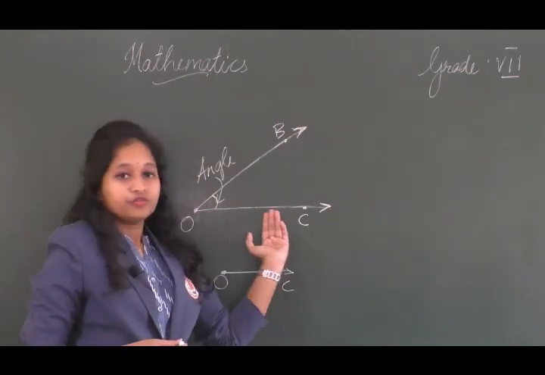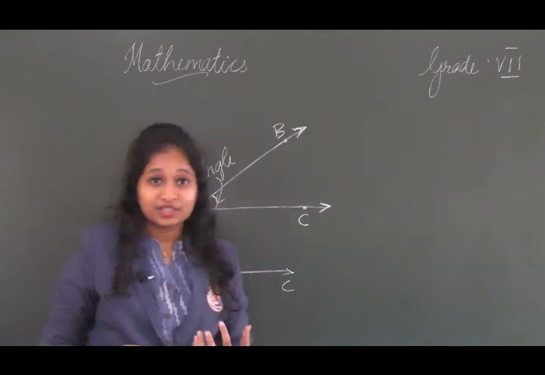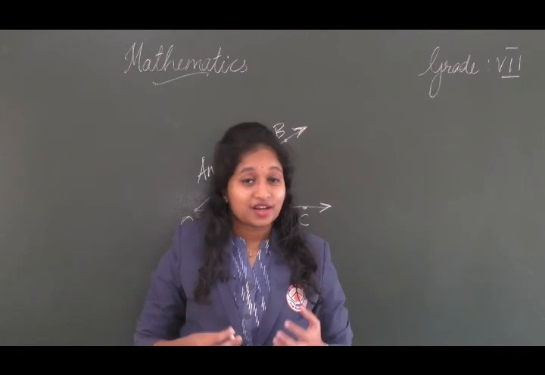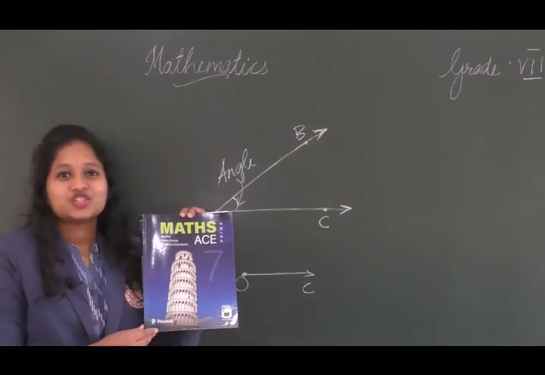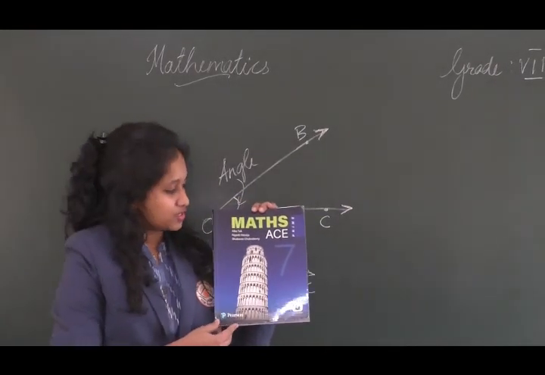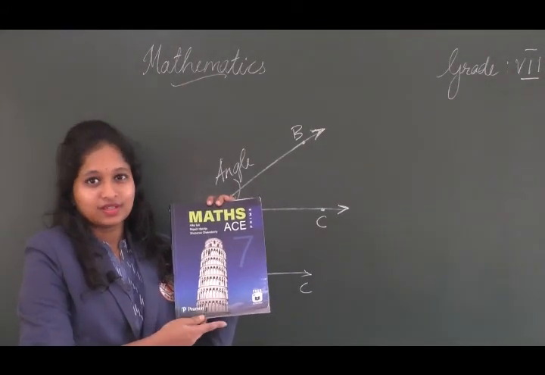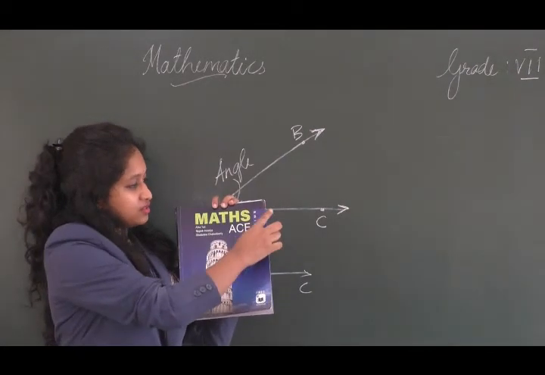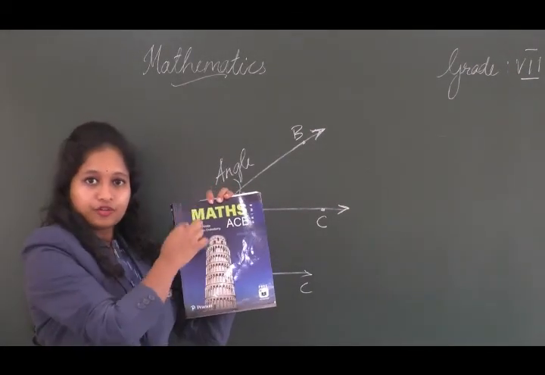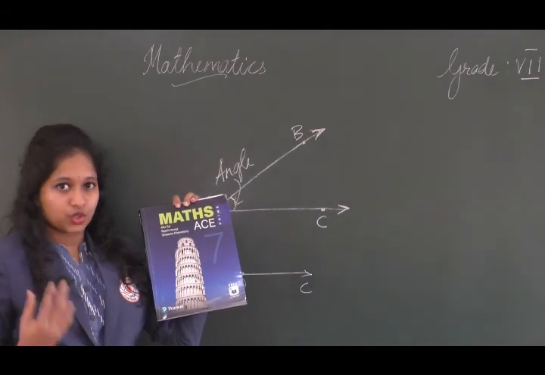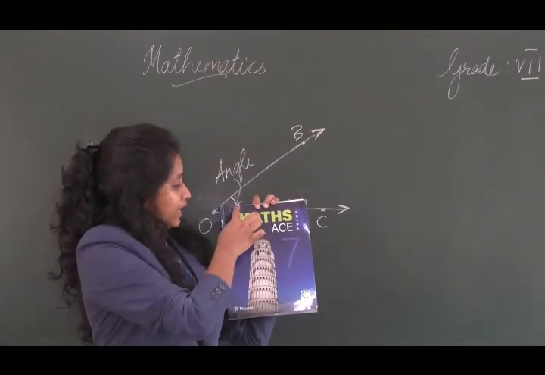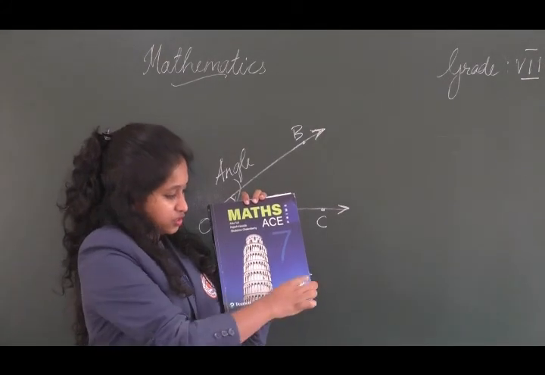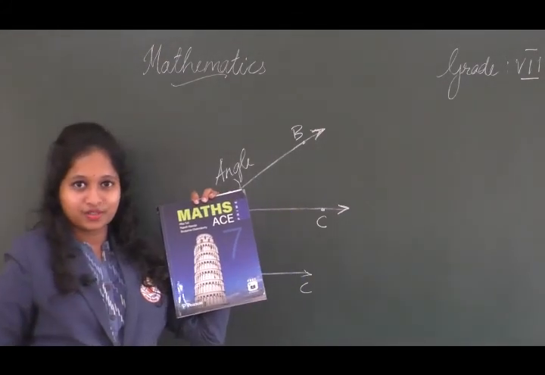So in this chapter we will learn about lines and angles. This is our 9th chapter. So children, if you notice, this is a textbook and these are 4 line segments which are joined together, and here there are certain angles formed, isn't it?